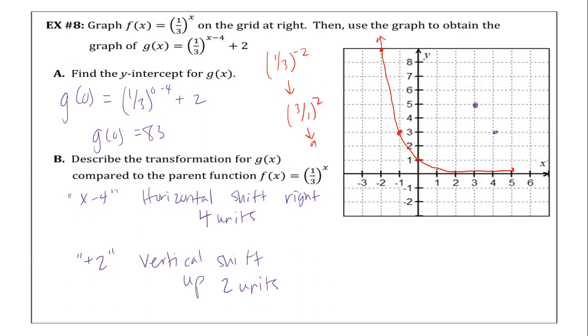So we're going to take this one, go 1, 2, 3, 4, and then go up 2 units. So now we're doing something like this.